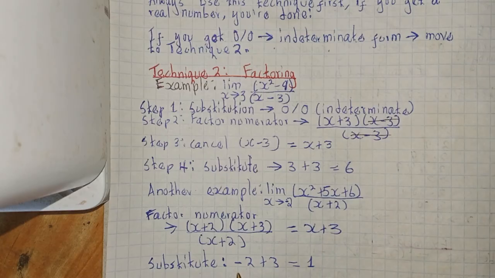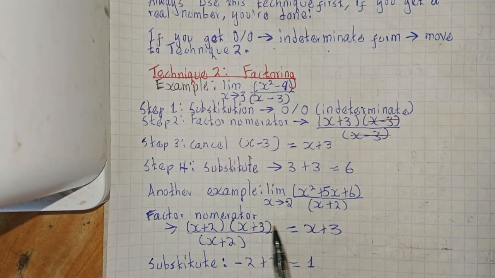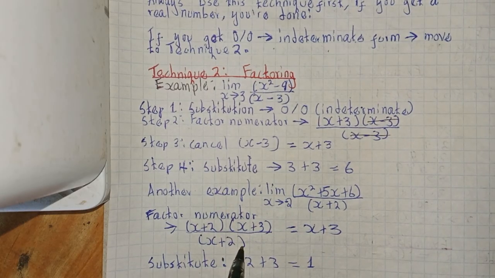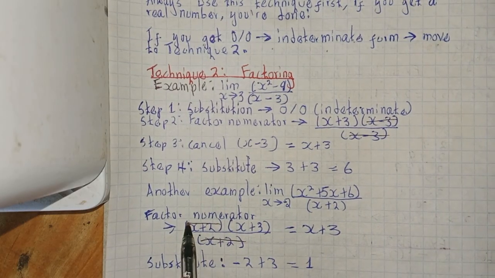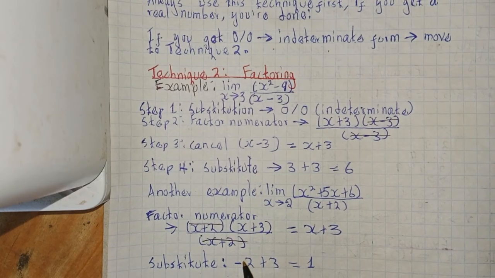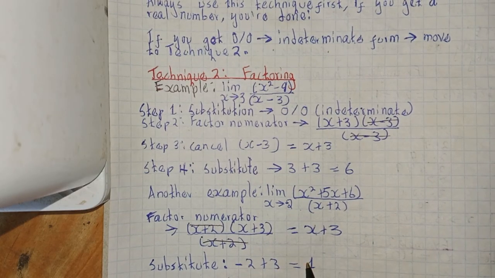Here we just have to factor the numerator using the quadratic equation, which will be x plus 2 into bracket x plus 3 all over x plus 2. So this x plus 2 will cancel with this x plus 2. We'll have x plus 3. If we substitute x with negative 2, we get negative 2 plus 3, and our answer will be 1.